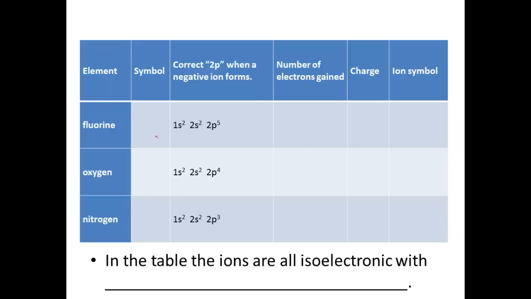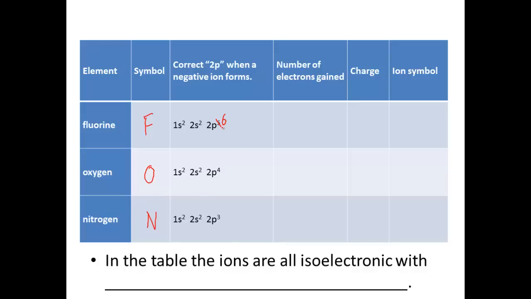So a couple examples here: fluorine, oxygen, and nitrogen. Fluorine is 1s2, 2s2, 2p5. Fluorine is going to want to gain an electron to become 2p6. So we're going to add 1 electron to its outer level.